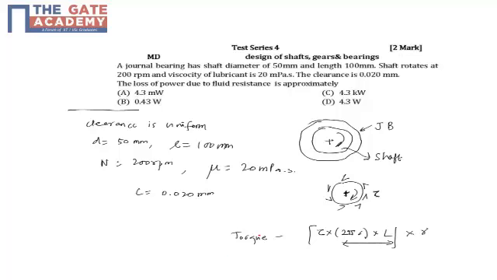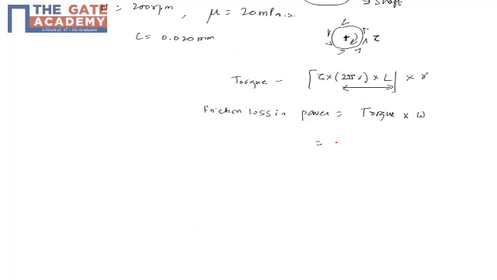So this torque is the frictional torque, and therefore the frictional loss in power will be this torque into speed. So it is tau into 2 pi r square into L into omega.